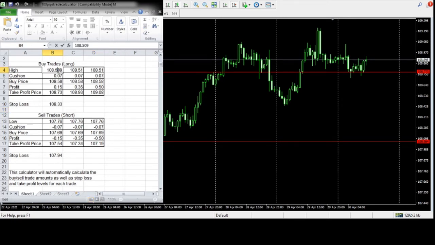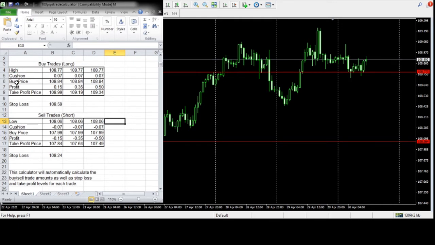Our high is 108.773. Then you click anywhere, and you can see it has done the rest as well. Then you look for the low. The low is 108.664. Then you click outside the lines and see that it has filled up the remaining ones.